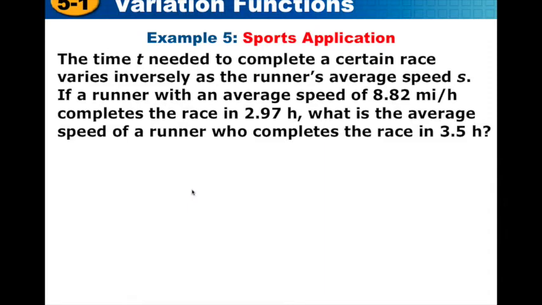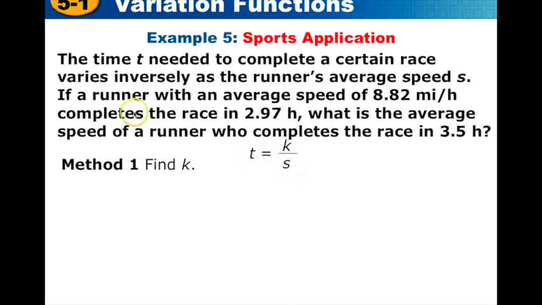Since t varies inversely with s, t equals k divided by s. So here's our setup. This is what it looks like for the time to vary inversely with the speed.